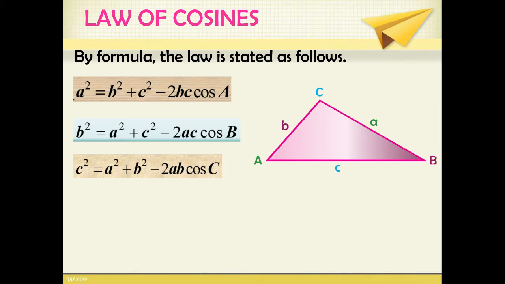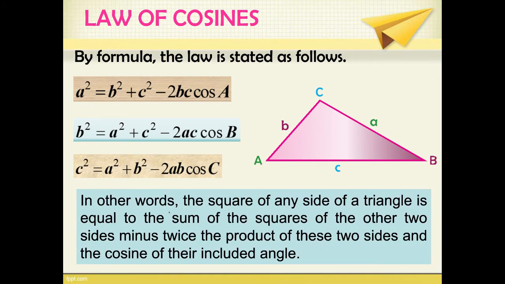So if you're looking for side a, you will use angle A here. All the others will be the other two sides. So if it's b squared here, then here it will be a squared and c squared, and then 2ac cosine B, angle B. So if you're looking for c squared, you're going to use all a's and b's here except for the angle. So the angle here will be angle C.